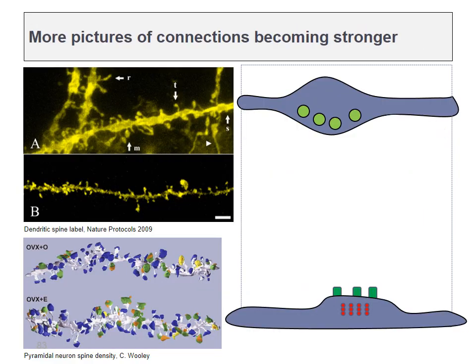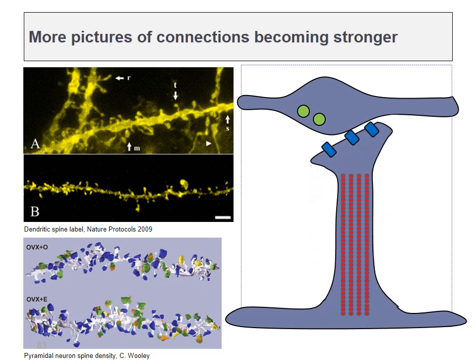We can see this happening under the microscope. We can watch dendritic spines growing as animals undergo learning. What will happen is that neurotransmitter release can not only activate action potentials, but can induce polymerization of the cytoskeleton, causing dendritic spines to grow towards the source of neurotransmitter release.